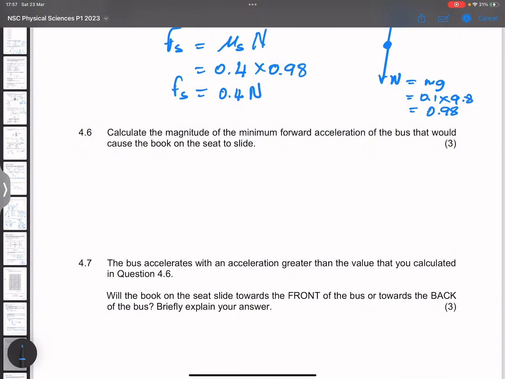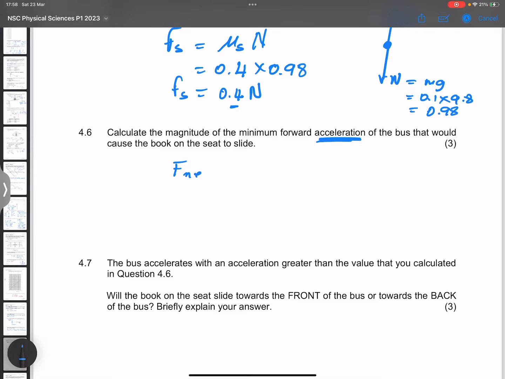And then in this case, they said calculate the magnitude of the minimum forward acceleration of the bus that would cause the book on the seat to slide. Now, I want you guys to note, we want the acceleration that would cause the book to slide. So in order for the book to slide, it would need to overcome the static frictional force.